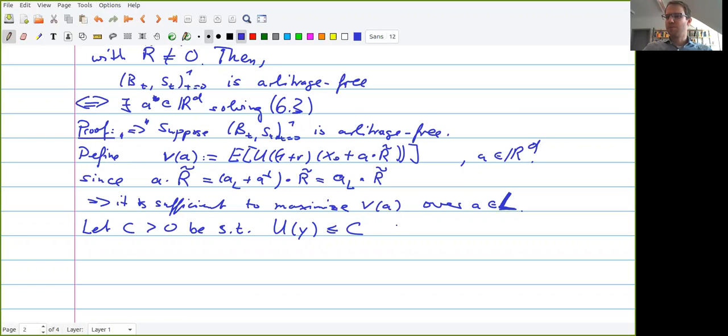And this is possible since we assume that the utility function is bounded from above.